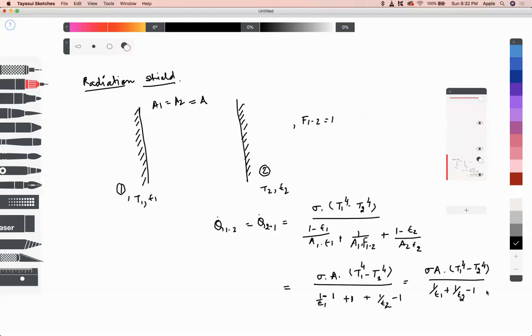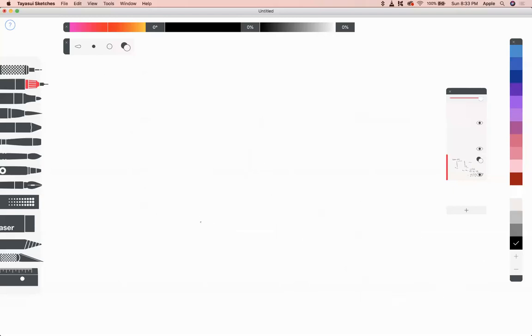As soon as you put a shield between the two, the radiation exchange will tend to decrease. Let us see how. So this is the no shield condition.